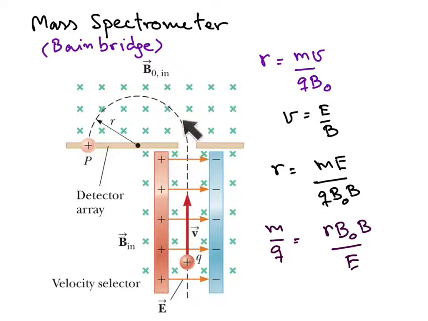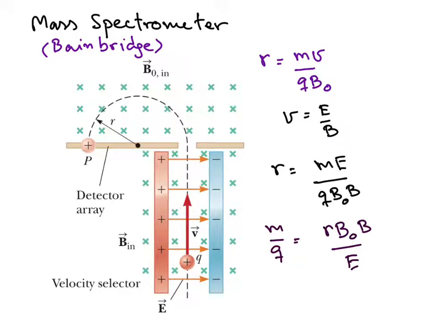So the particle will move in a circular path like this, and we know that the radius of this circle is equal to mv over qB0, where B0 is the magnitude of the magnetic field in this region.